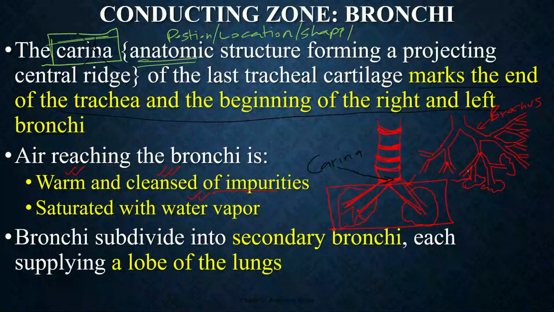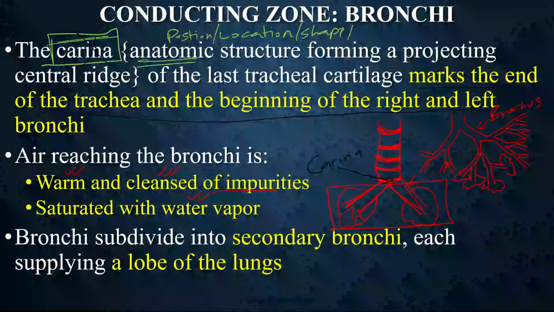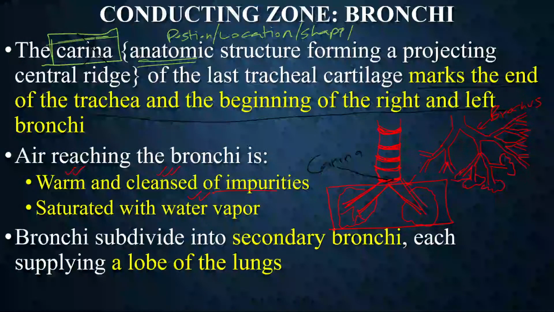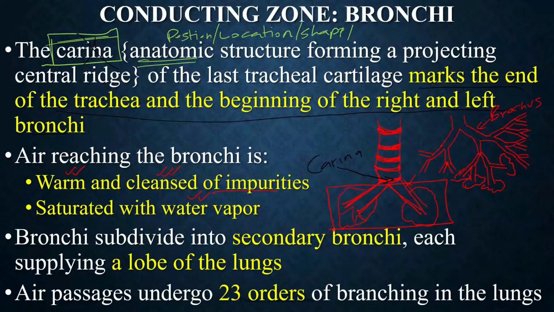They're called tertiary. The bronchi are subdivided into secondary bronchi, each supplying a lobe of the lung, and it goes all the way to the tertiary bronchi. So I'll move to the next slide.